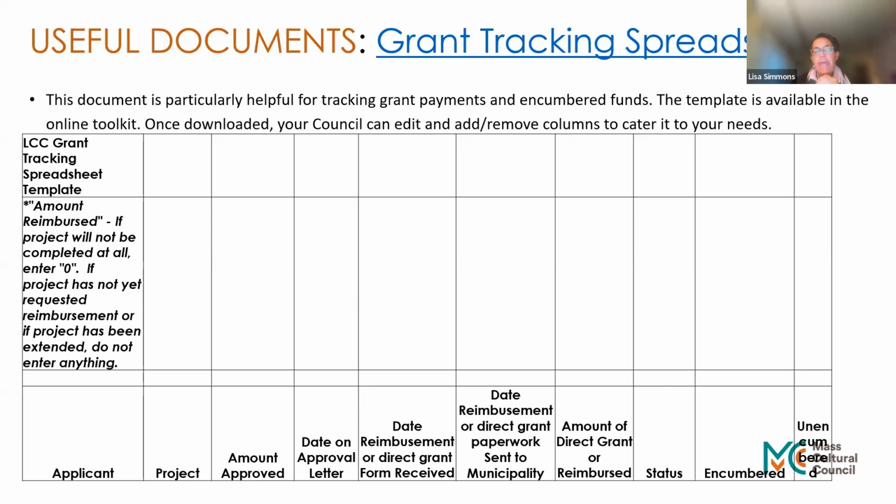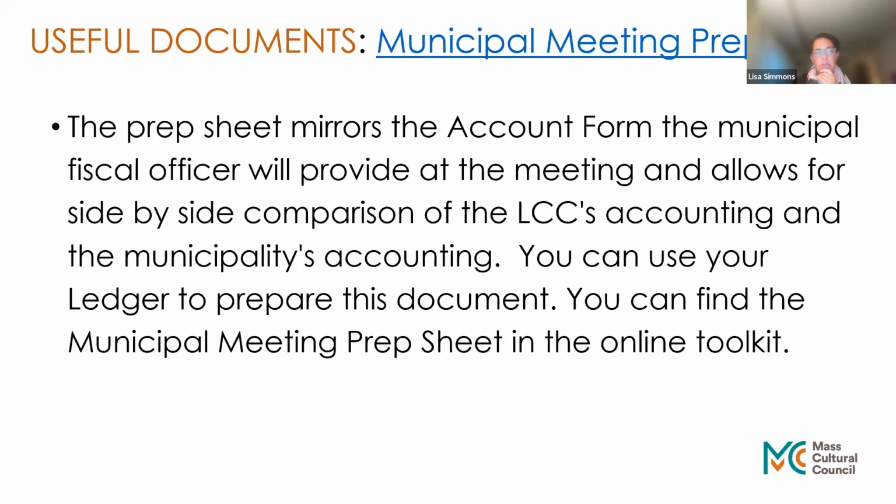It's helpful to have this so that when you meet with your town accountant or municipal fiscal officer next year, you'll have kept track of all the grants that are going in and out. And then there's the municipal meeting prep sheet that mirrors the account form that is also available, and you can also find that in the toolkit.